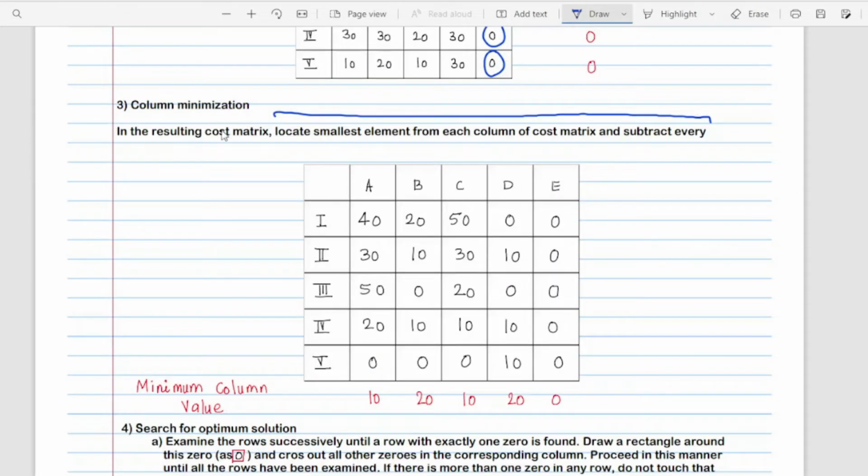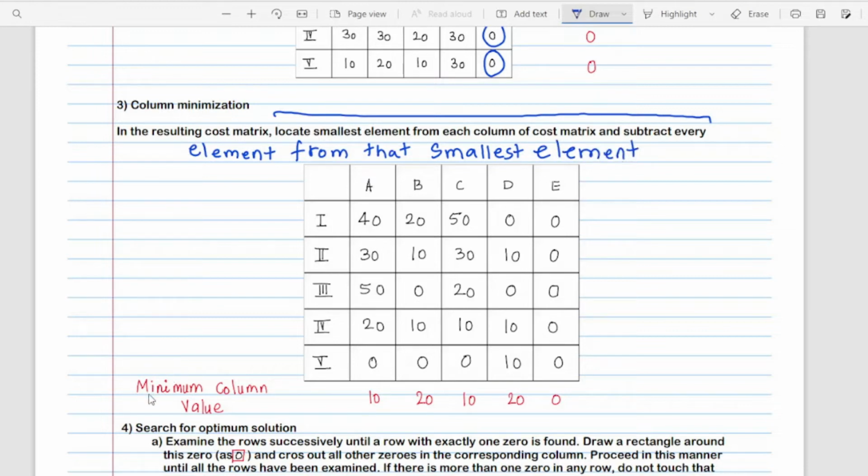Next is column minimization in the resulting cost matrix. Locate the smallest element in each column of the cost matrix and subtract it from every element of that column.